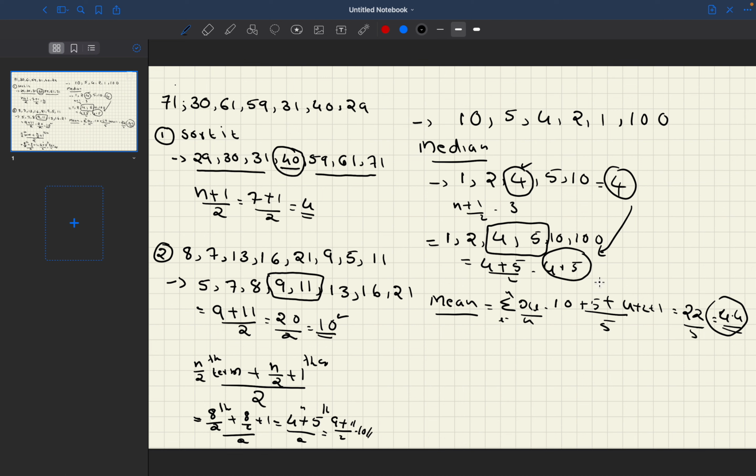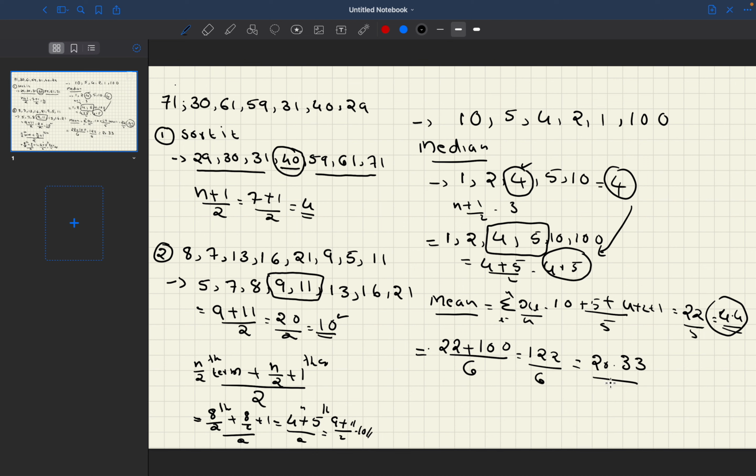And we can see what happened to our mean after adding this particular outlier. Earlier we calculated 22. So 22 plus 100 by 6, it will be 122 by 6, which is approximately equal to 20.33.